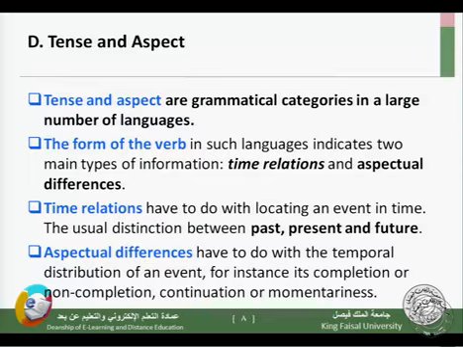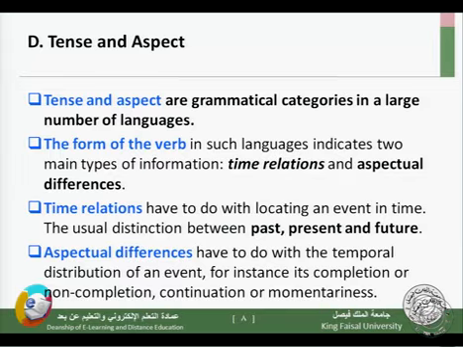Now if we move to the second point, aspect. The aspectual differences have to do with the temporal distribution of an event. For instance, is the event complete, or is it not complete? Is it continuous or not continuous? Is it momentary? In other words, is it past, present, future?